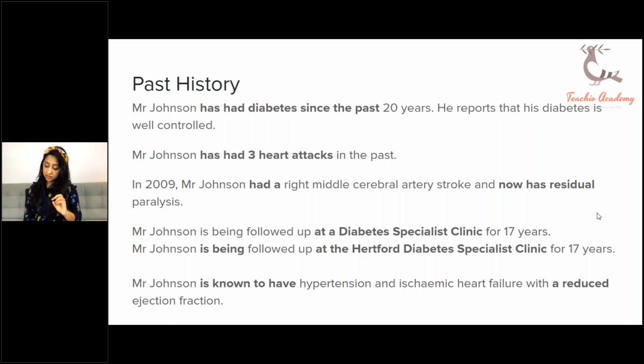So, Yash, in that case, you can write, Mr. Johnson has been diagnosed with diabetes since the past 20 years and he mentions that it is well controlled. So, just avoid suffering as far as you can. Amala, again, try to avoid the term suffering.